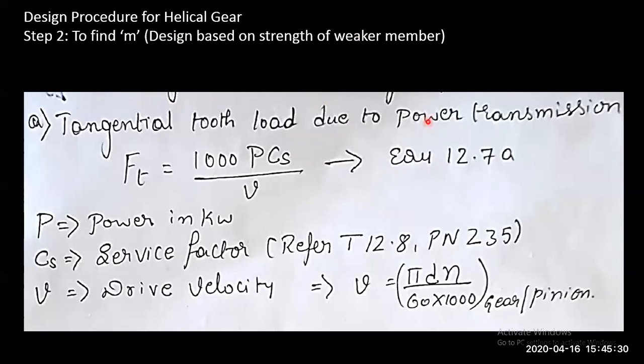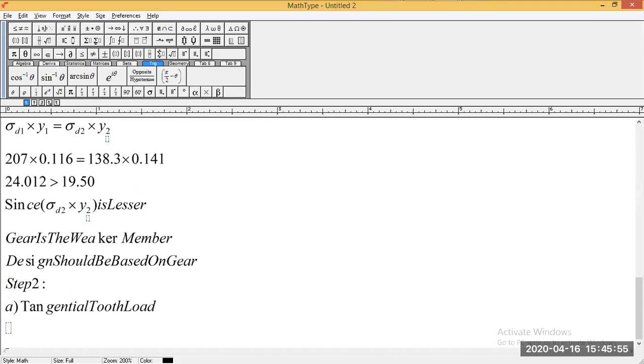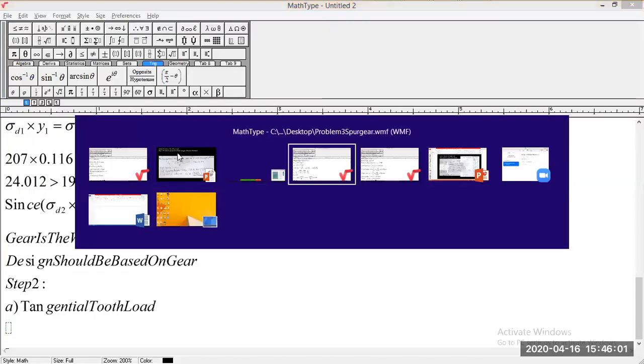Going to calculate this. So let's start off. This tangential tooth load due to power transmission. This is split into 2 parts. So this is a tangential tooth load. This is due to power transmission. The formula is this. Okay, let's take this.